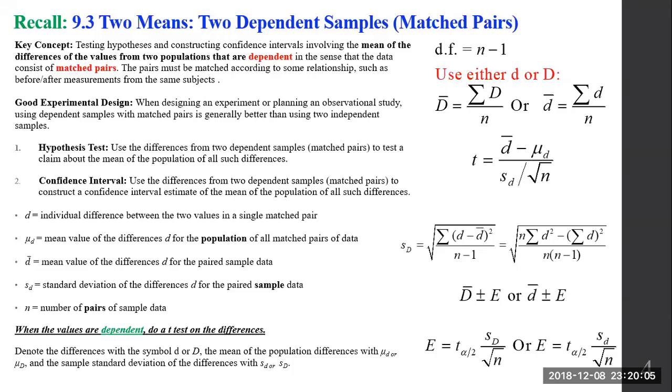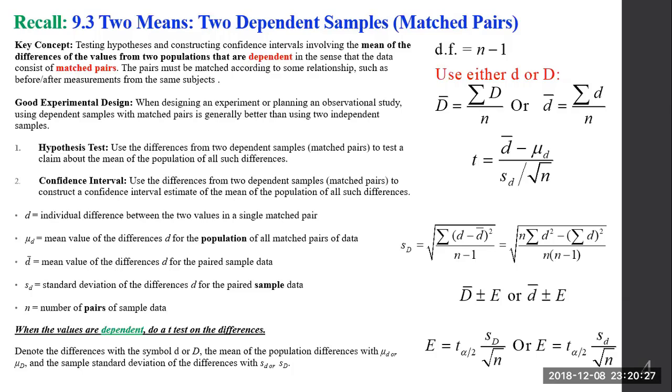We can use that. So if you notice the way the formulas work here, when we write d bar, if you recall, x bar was the summation of x over n. So d bar, whether it's uppercase or lowercase depending upon the text you're dealing with, is the summation of d divided by n.